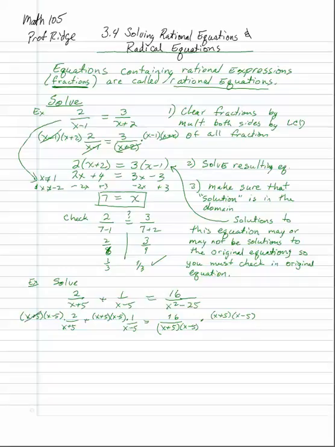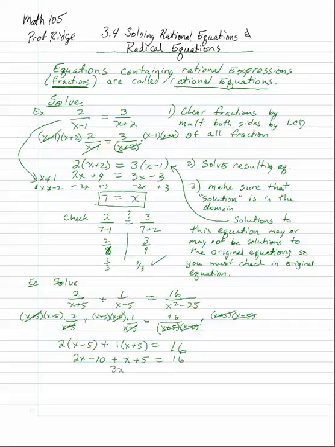Okay, so the x plus 5 cancels and you get 2x minus 5, plus the x minus 5's cancel. You get 1 times x plus 5 equals, both x plus 5, x minus 5 cancel, and we get 16. And we get 2x minus 10 plus x plus 5 equals 16.